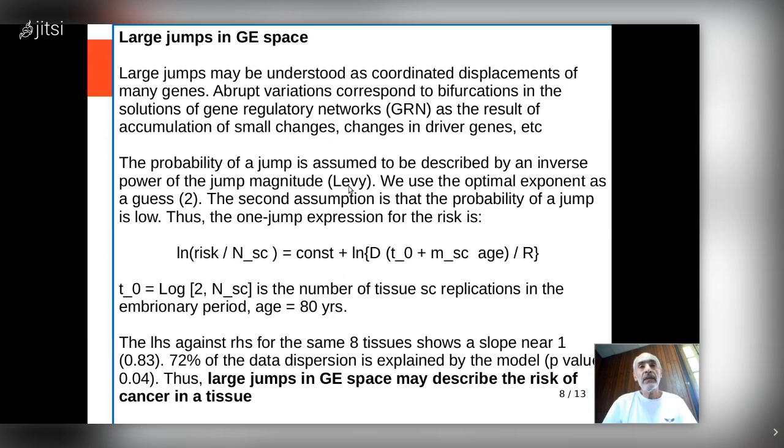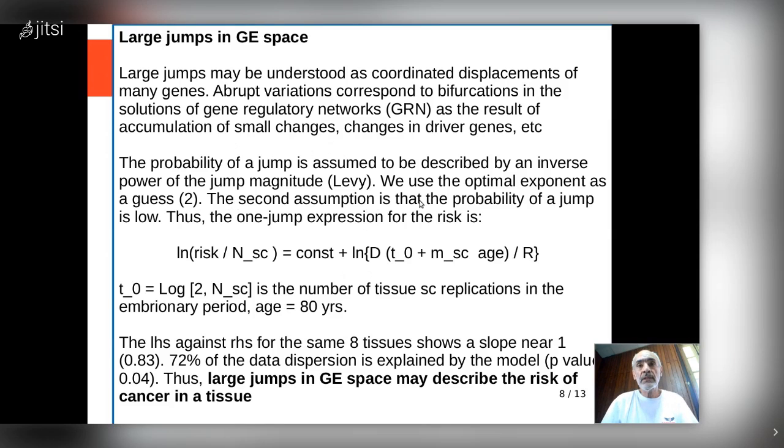This is a kind of Levy or Pareto dependence, which is very common in biology. We will use a guess for the exponent, which is 2, but I don't believe that it is really important. You can use 1.5 or 2.5. There is no big difference.